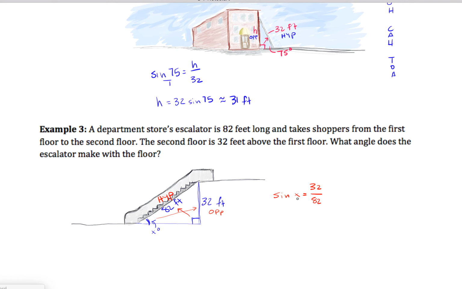And since I want to know the angle measurement, I'm going to rearrange this equation, and I'm going to use the sine inverse of this 32 over 82 ratio, and that should tell me the value of x. When I want to use the inverse sine, I have to make sure I hit the second function of my calculator. So I'm going to hit second sine, and then type in 32 over 82, and remember to close the parentheses that my calculator opens up for me.